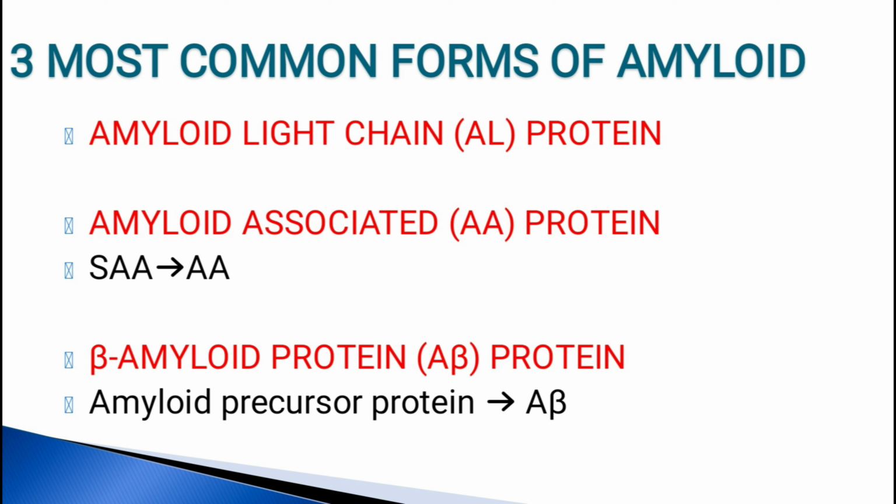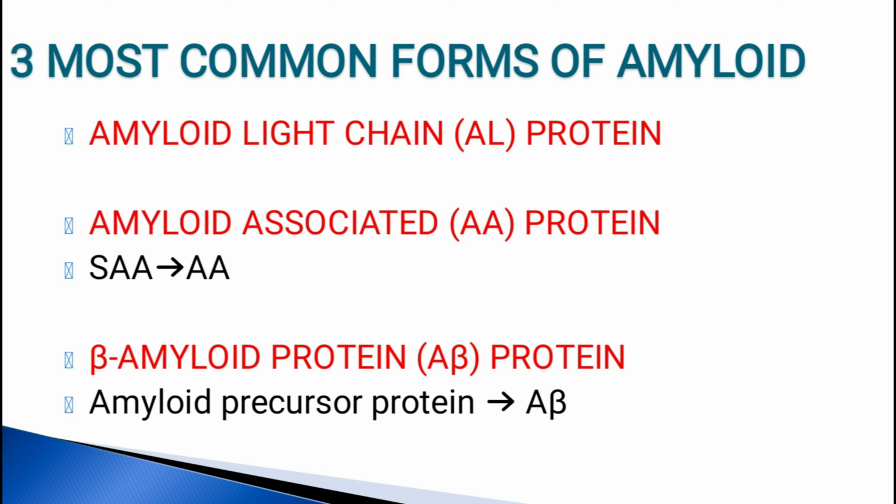The level of SAA protein is increased during inflammation in response to the acute phase. Therefore, it is called secondary amyloidosis.